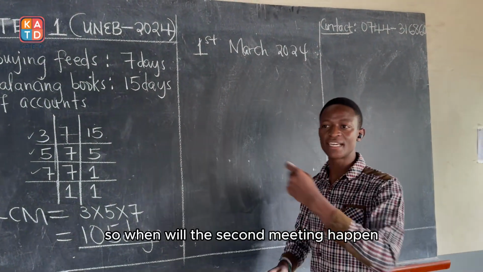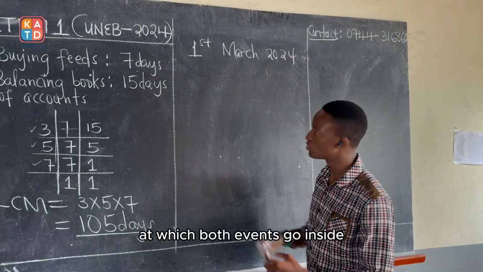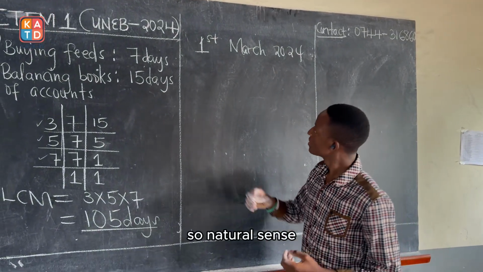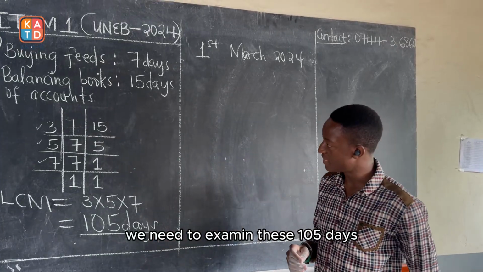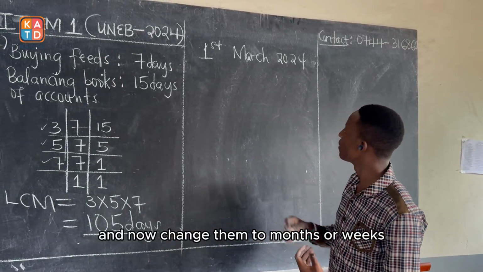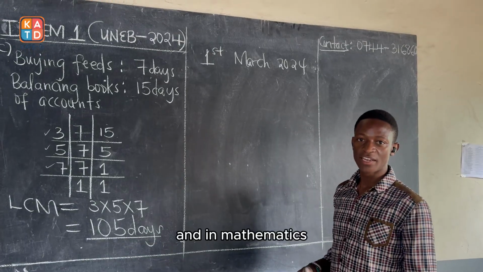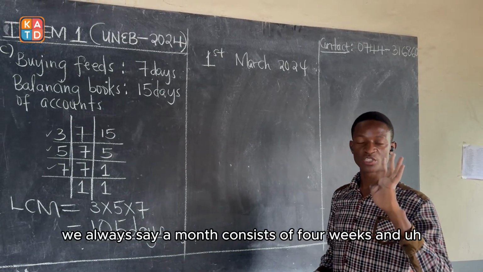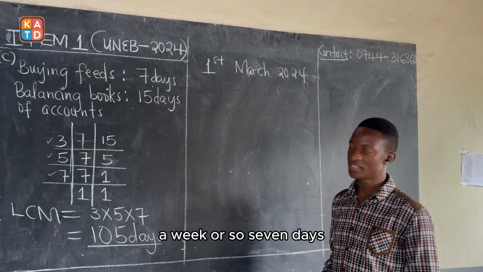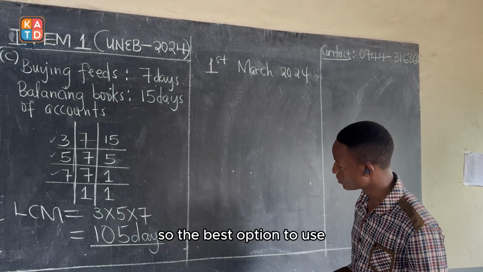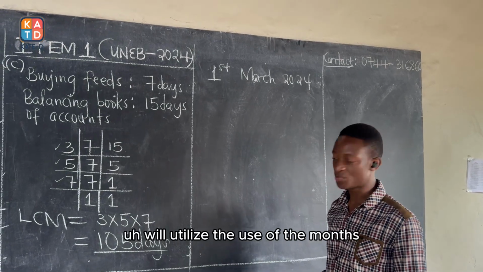So when will the second meeting happen at which both events coincide? So in actual sense, we need to first examine these 105 days and now change them to months or weeks. And in mathematics, we already said a month consists of 4 weeks and a week consists of 7 days. So the best option will be to use months.